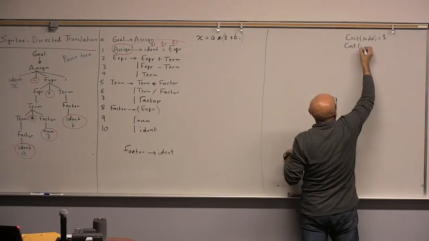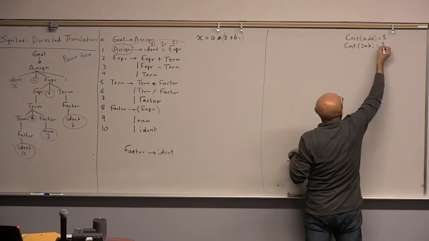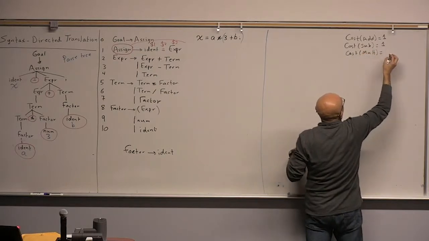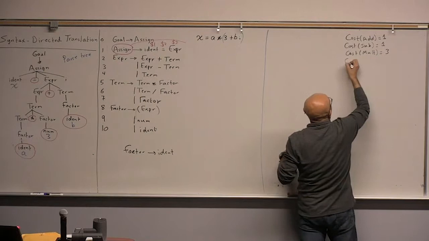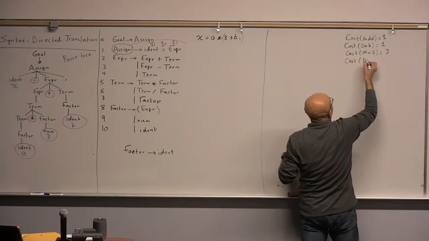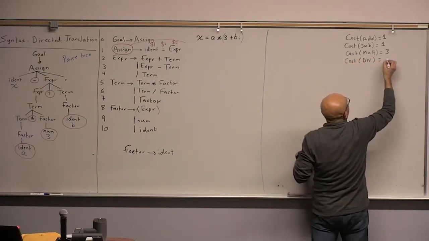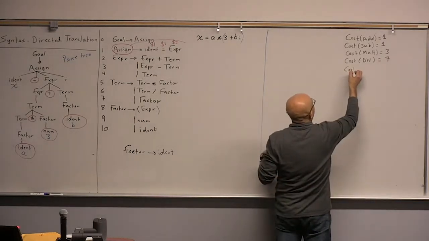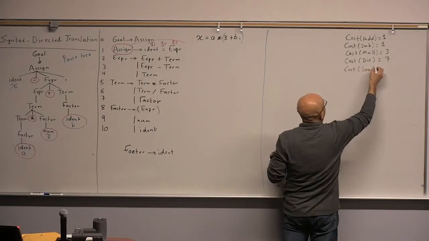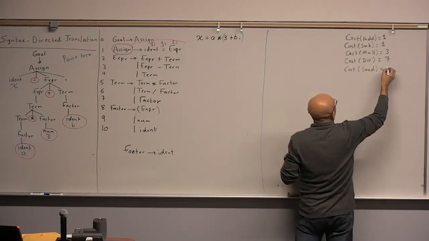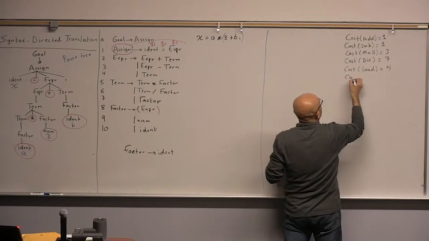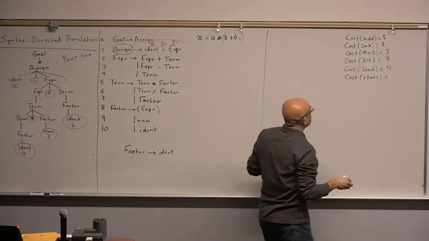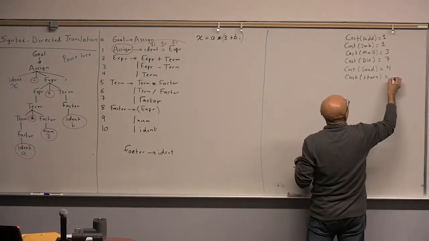The cost of a subtract equals 1 unit. The cost of a multiply equals, say, 3 units. The cost of a divide equals 7 units. The cost of a load equals, say, 4 units. The cost of a store equals 3 units.